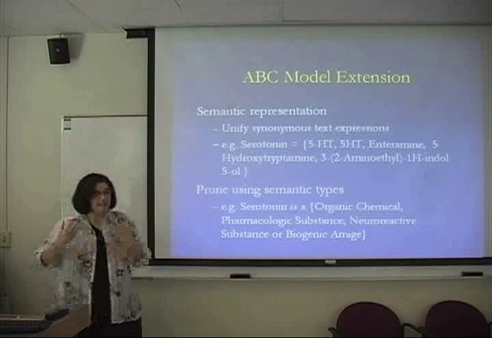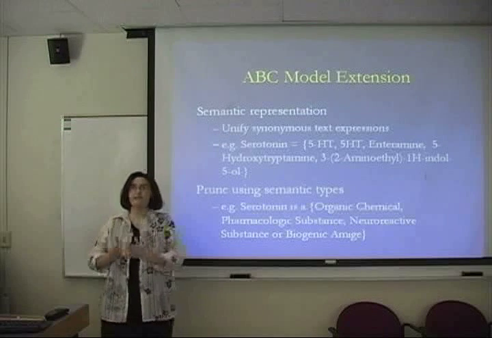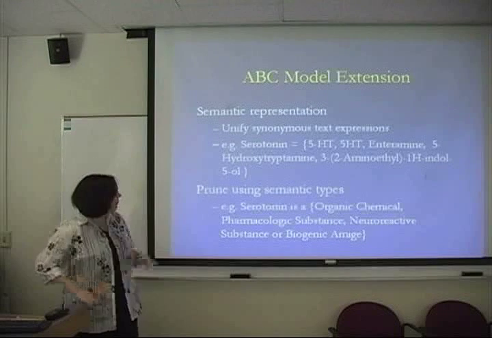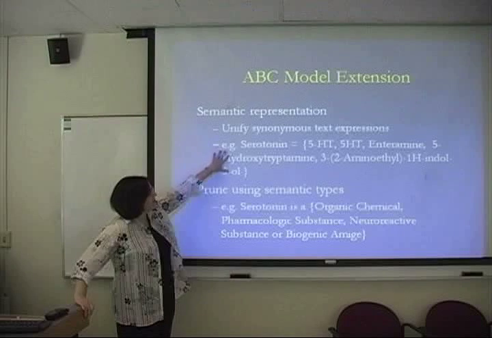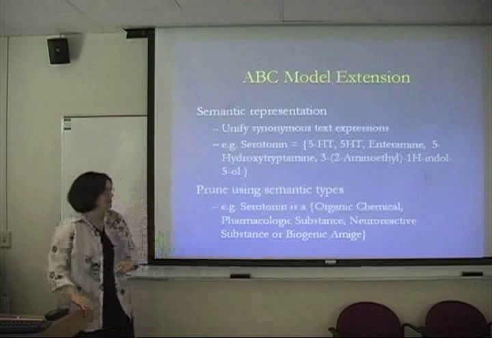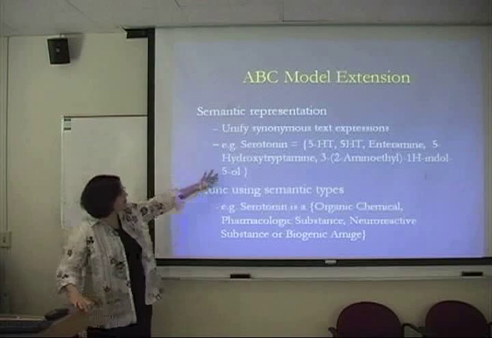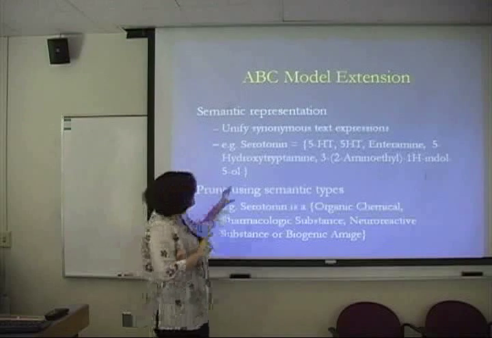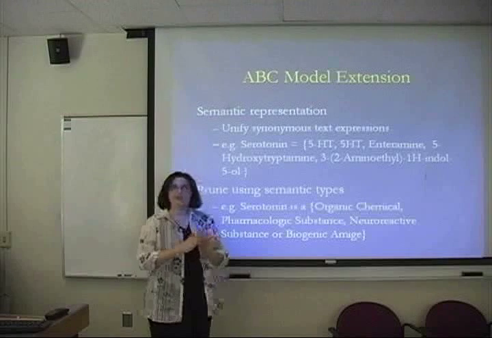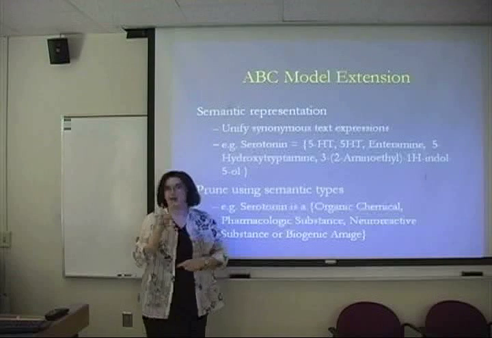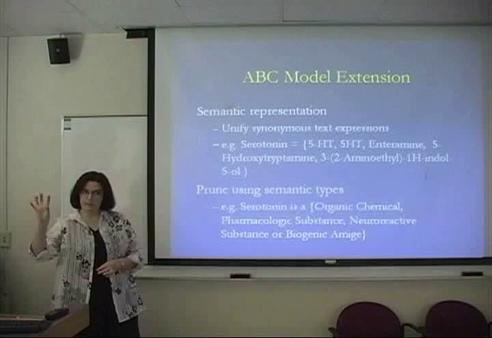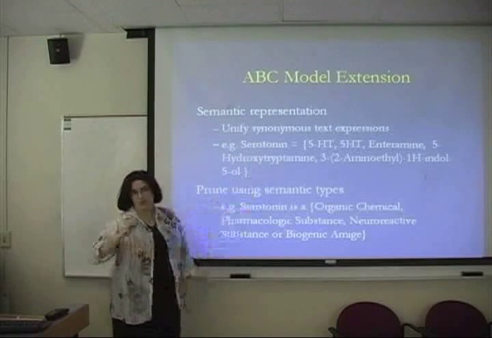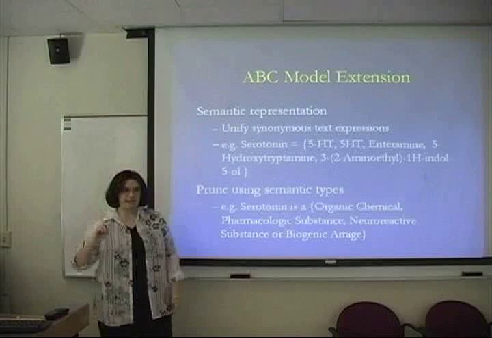And it's a very difficult problem because things being exactly the same is sort of a slippery slope. I've listed here some synonyms, so serotonin is the same as 5-HT and some other examples here. What we want to do is every time we see one of these in the text, we want to reduce that to the one concept. And we're going to give it a unique ID, and that's going to be the concept.